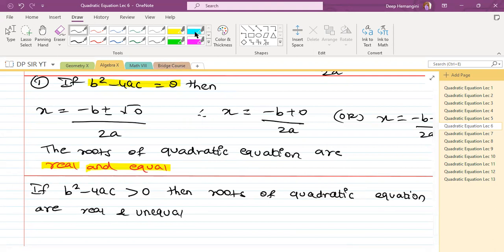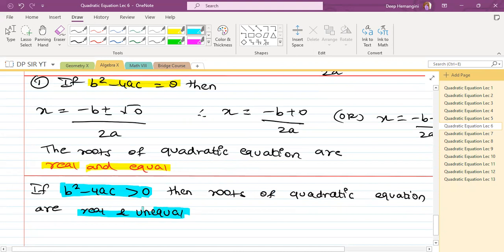So let's highlight this part. Less than or equal to 0. Are real and unequal. Remember this, okay? So there are a few points you need to remember.